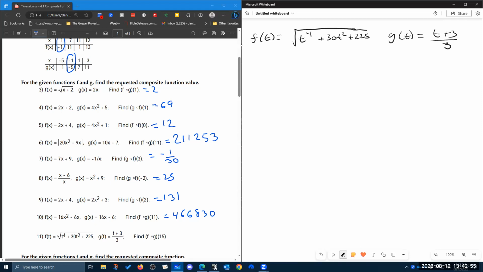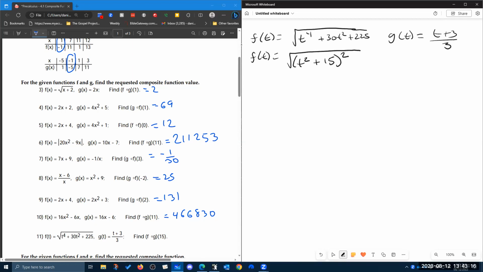I can simplify f of t down first before I do anything else, because this is the square root of a perfect square: t squared plus 15, and that's squared.